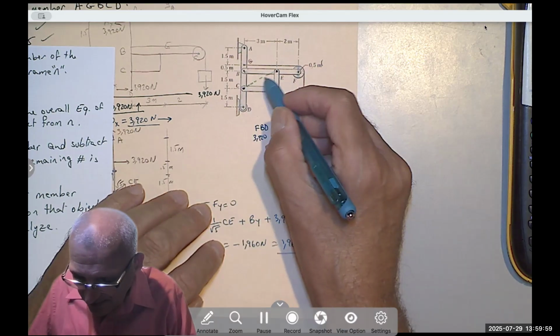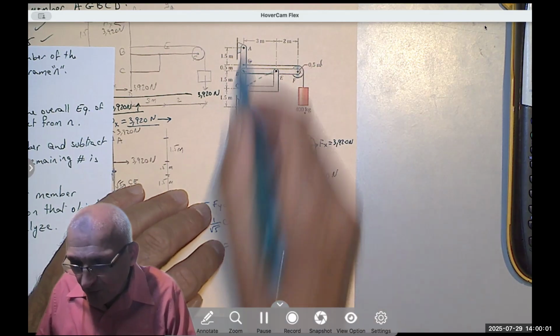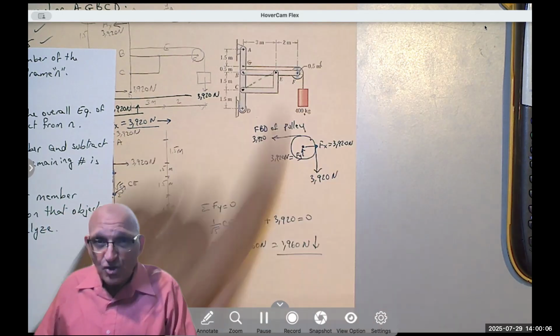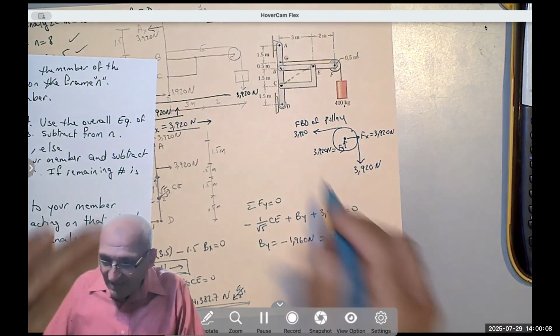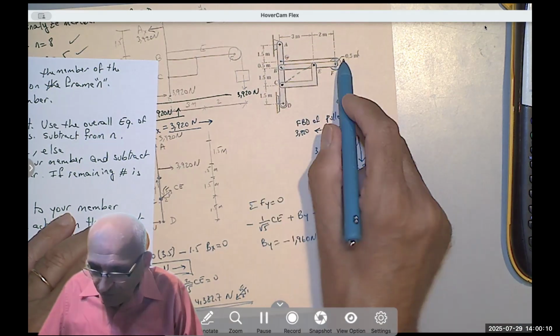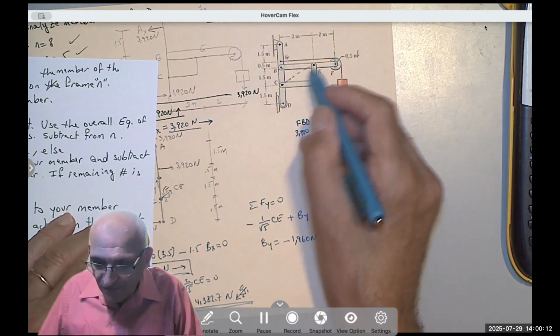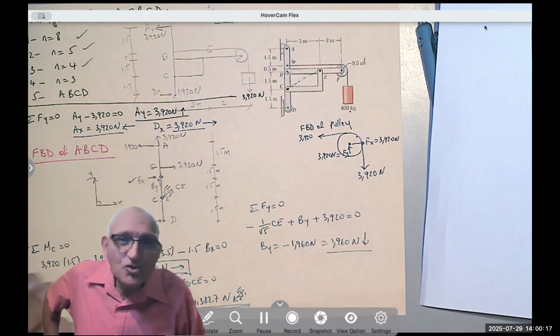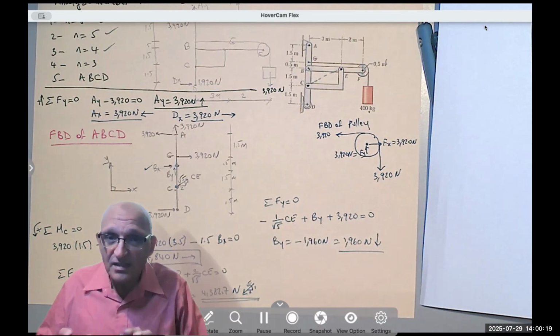This is a two force member and there is a Bx and a By. If you take the moment about C, you will get Bx and By. So I could have also analyzed this member to find Bx and By and the force C. But there is no one way to solve, just one way.